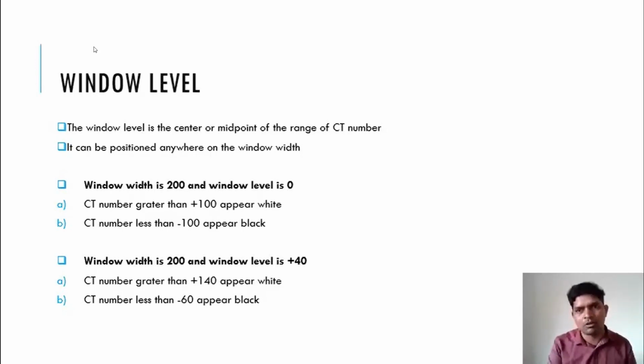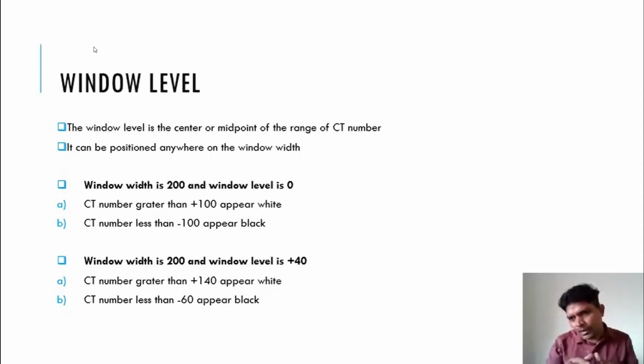For example, take a look here. Window width is 200 and window level is 0. CT numbers greater than plus 100 appear white and less than minus 100 appear black. Take another example, maybe for brain or abdomen: window width is 200 and window level is 40.